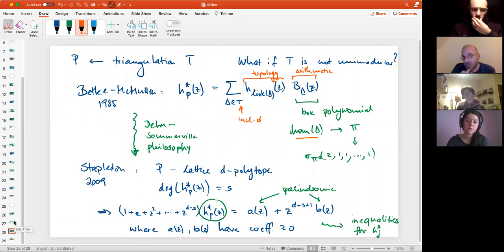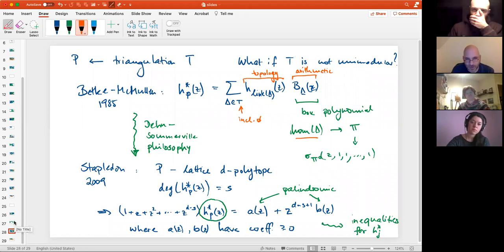But for example, this project that I mentioned earlier with these inequalities for the chromatic polynomials started out with Emerson, my co-author. He wanted to apply the Stapleton machinery to chromatic polynomials. And you basically know how to do that by now. A chromatic polynomial I can write as a sum of Ehrhart polynomials.